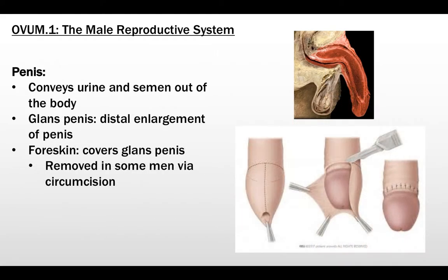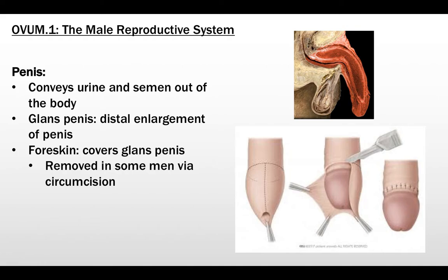The penis is for conveying both urine, but in this system, semen out of the body. There's a large distal enlargement on the end of the penis called the glans penis, which has a very high sensitivity of nerve endings, and is often, well, all the time when men are born, covered in a structure called foreskin.